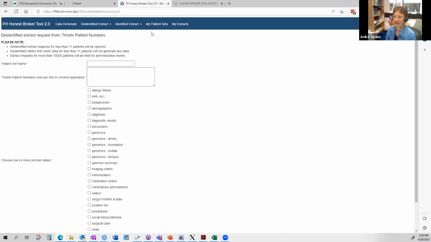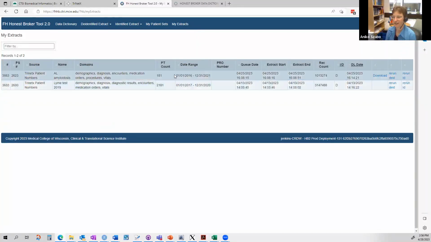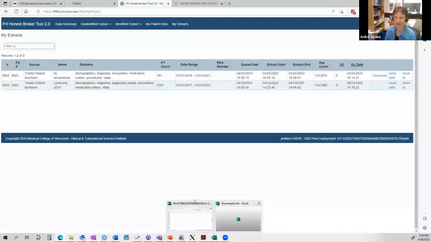And once I submit, after a while I'll get this data set, and it takes a while to show up here. Then I can download and obtain it. It will look like the data set I showed at the beginning, with many CSV files in it.